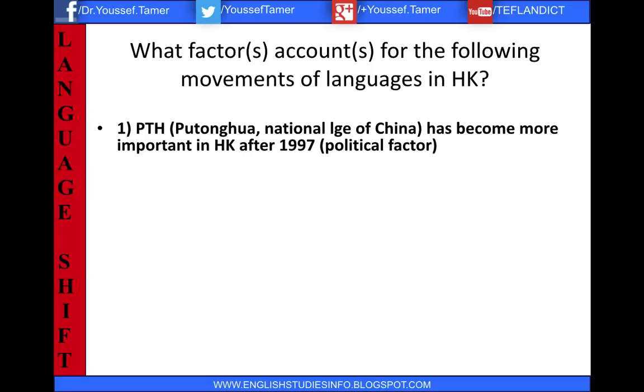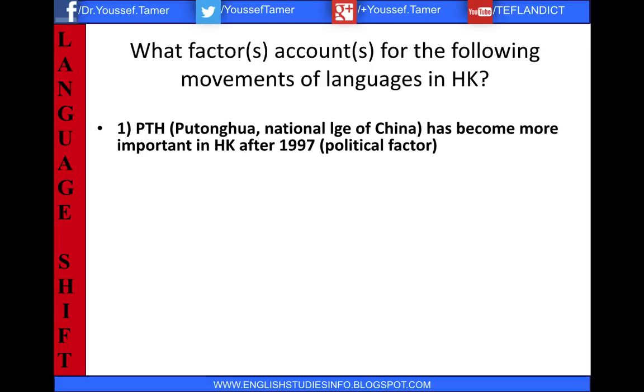But English is still there, just formally speaking in terms of laws, etc. So this Putonghua has become more important after independence. So here we have an example of language shift that has got to do with political factors. The reasons behind this are mainly political.